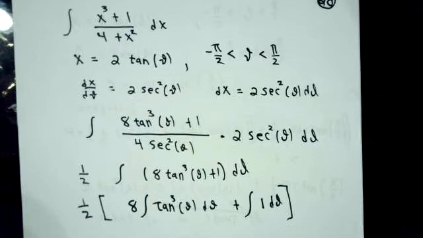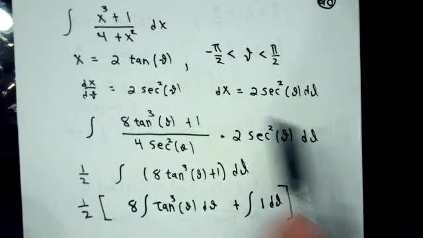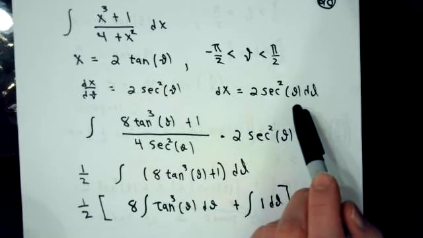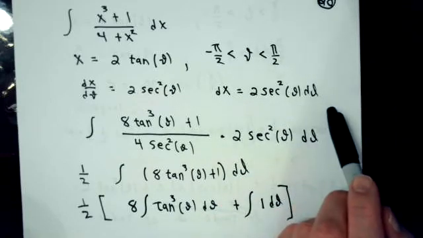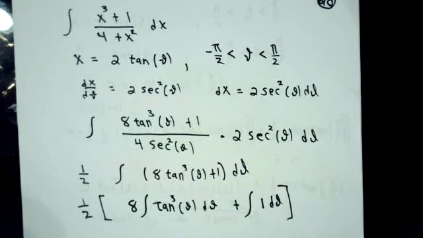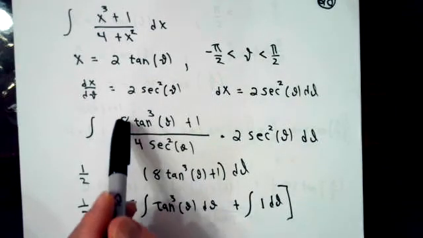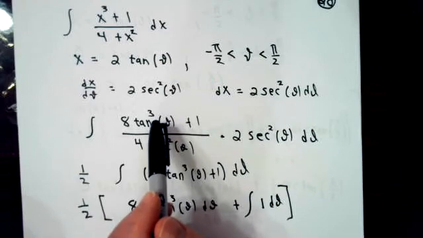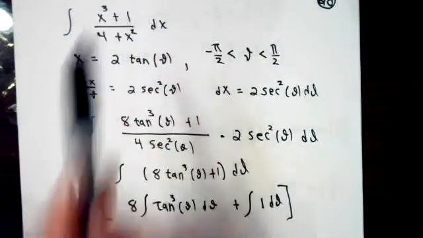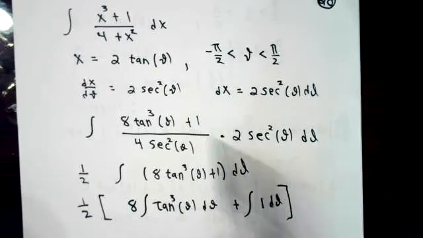Dx d theta is 2 times secant squared of theta. Dx is 2 secant squared theta d theta. So upstairs, x cubed is going to be what you get when you take 2 times tangent theta and cube it. 2 cubed is 8, tangent cubed of theta, and then I had plus 1.